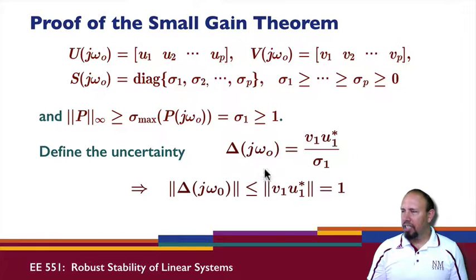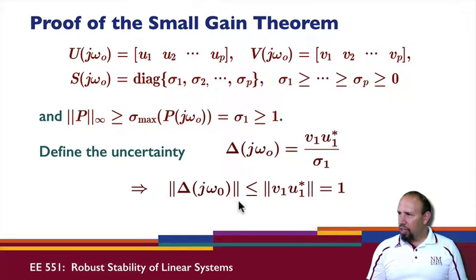We can just make it a constant, because a constant is a special case of a transfer function, and this particular matrix is a special case of matrices. It's a rank 1 matrix, right? This is a column, this is a row, so we have this. So since sigma 1 is greater than or equal to 1, then this quantity, which has sigma 1 in the denominator, is less than this quantity, which is the numerator. Okay, so that's where the less than or equal to comes from.